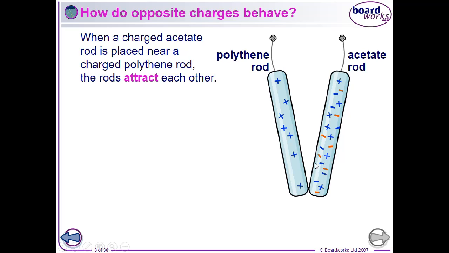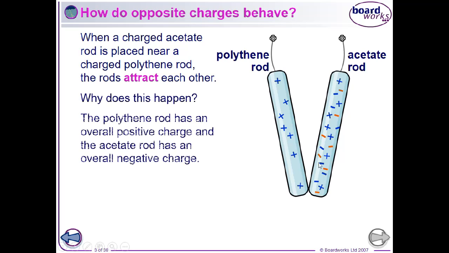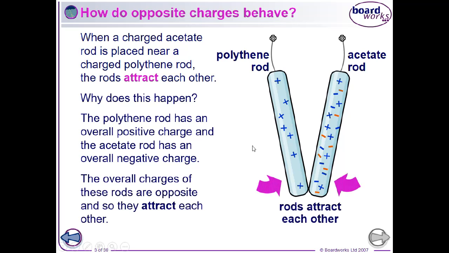Opposite charges attract. So the same charges, positive and positive, repel, negative and negative repel, but opposite charges, positive and negative, attract.